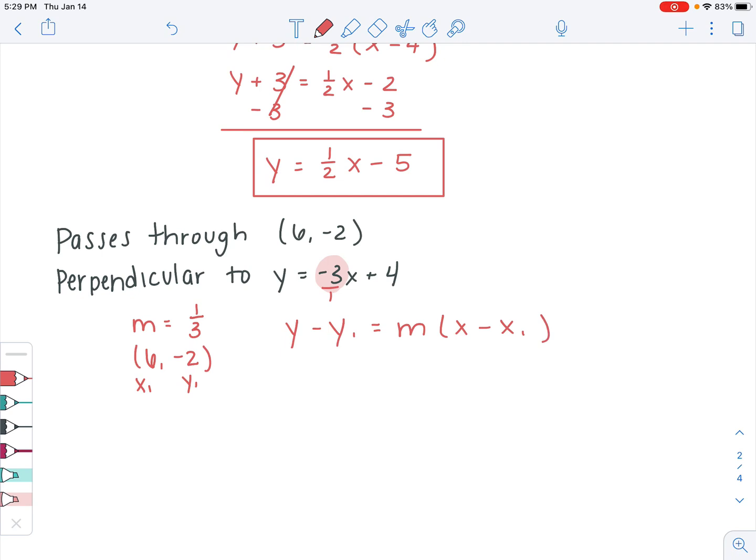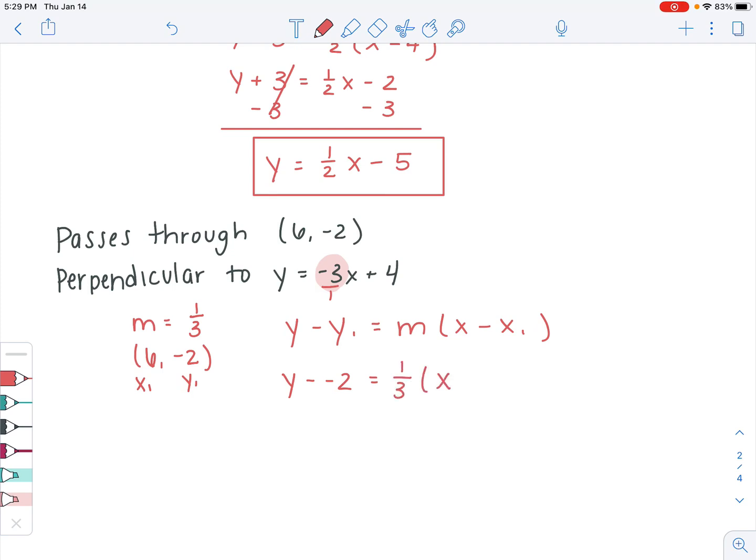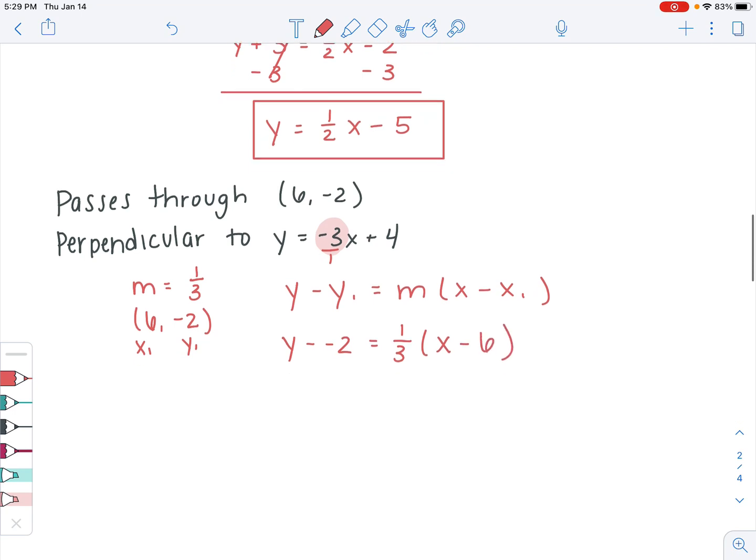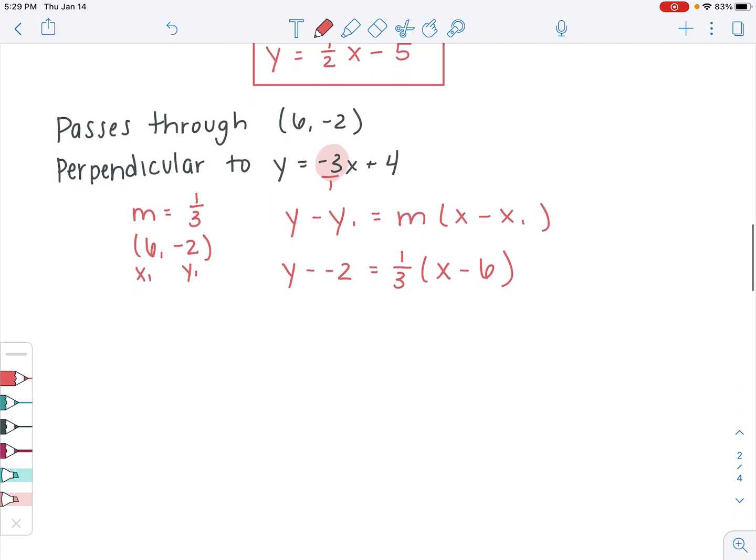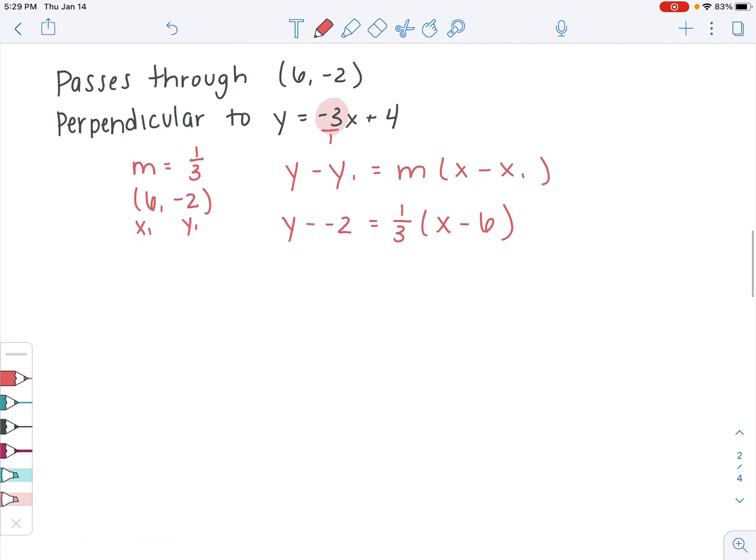to plug into. So I have y minus my y1, which is -2, equals m, my slope, which is 1/3, times x minus x1, which is 6. And now I'm just going to simplify again like I did up on the last one.